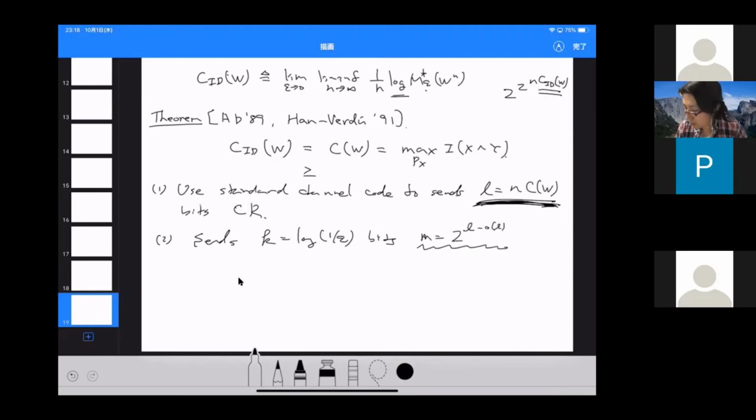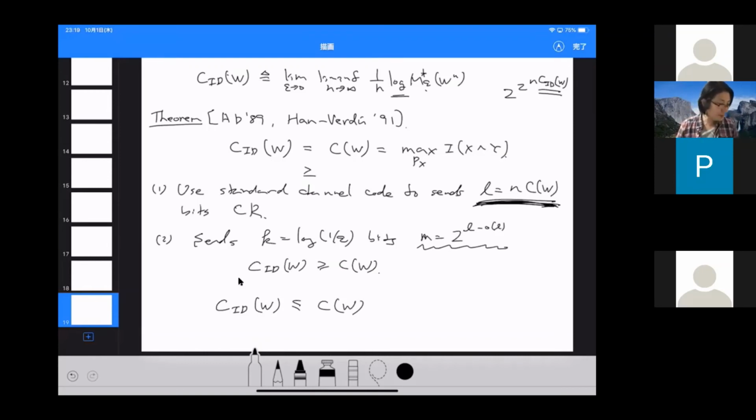So we can show identification capacity is as large as the transmission capacity. And in this identification problem, the main difficult part is proving this direction.